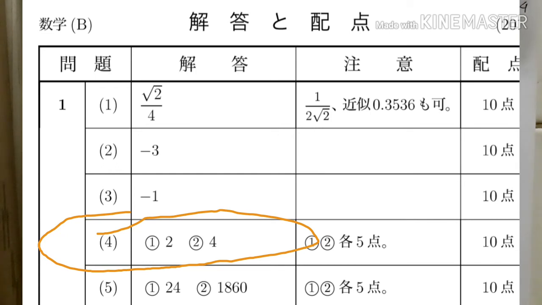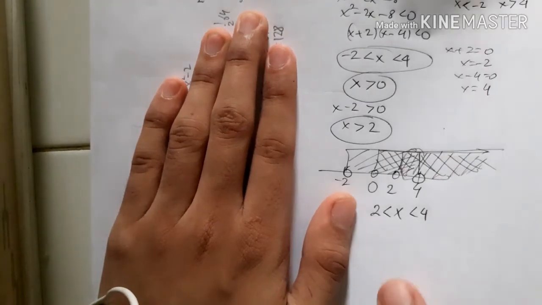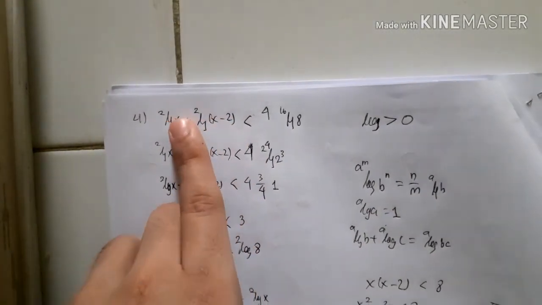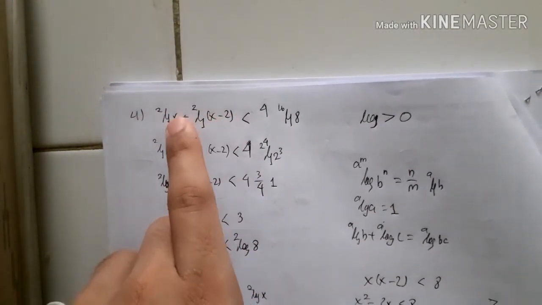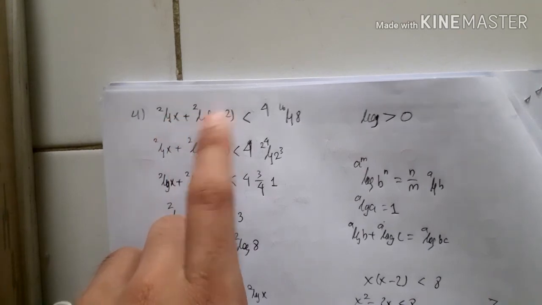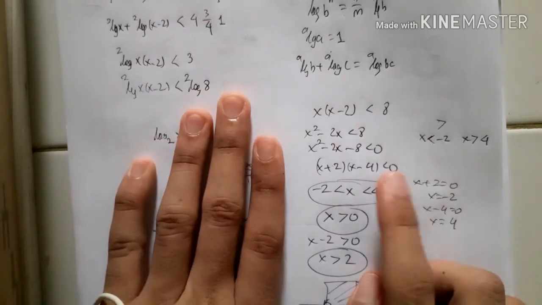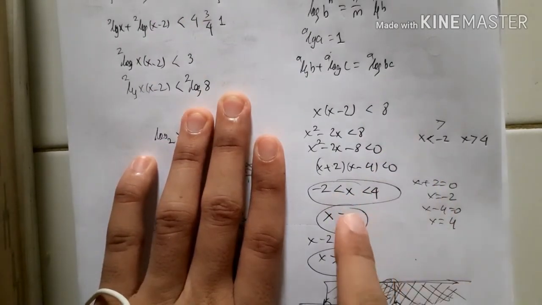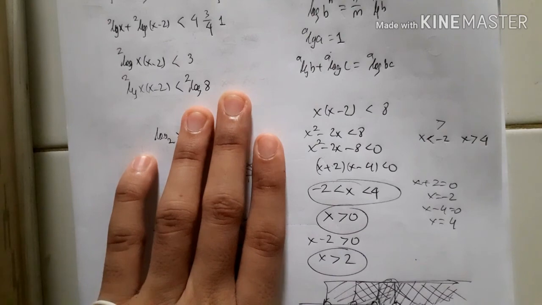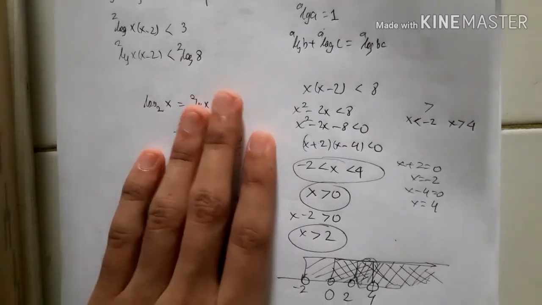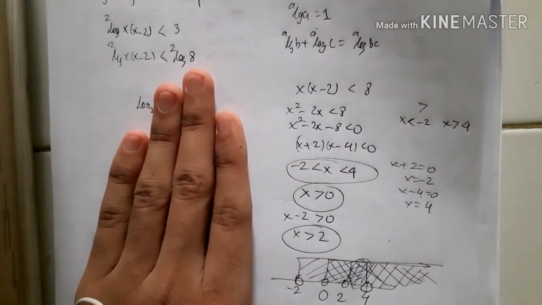So basically in this logarithm, beware of the logarithm inequality which has a variable in its content. You must make it greater than 0 after you find the content of it. So the answer for part 1 number 4 is 2 less than x less than 4.